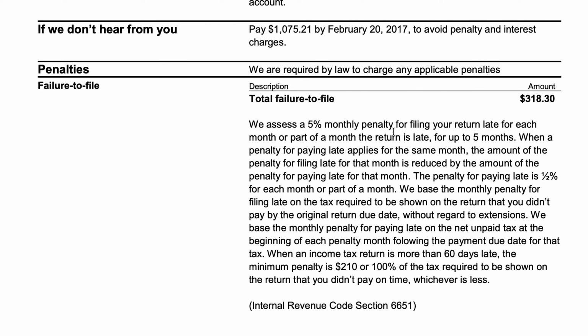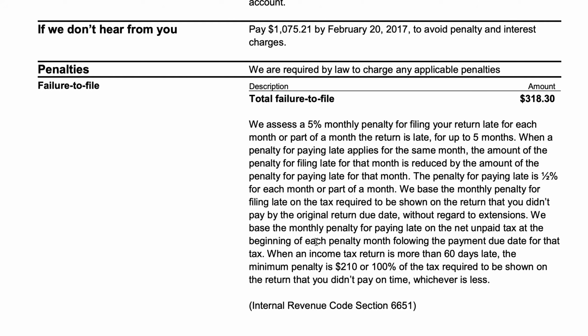Now, if you are also being assessed a penalty for late payment, then the failure to file penalty ends up being capped at 4.5%, and then the late payment penalty, which is normally 0.5%, those two are combined, so you would still see a 5% penalty for that time. So once it fills up, there's a maximum of 25%. That is the maximum that the IRS can assess for a failure to file penalty.